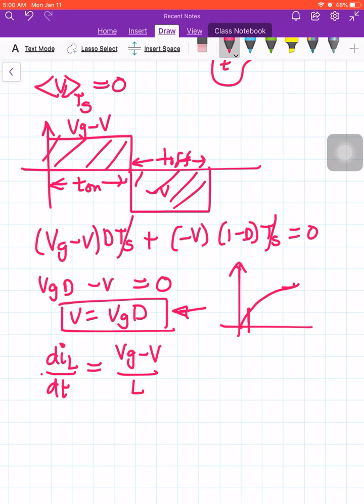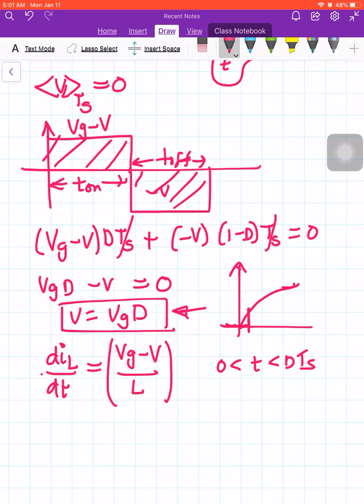Since we are in the time scale of the switching period, which is far less than the time constant of the circuit, we are approximating the slope of the circuit as this under turn on condition. This slope is valid for 0 less than t less than DTs.